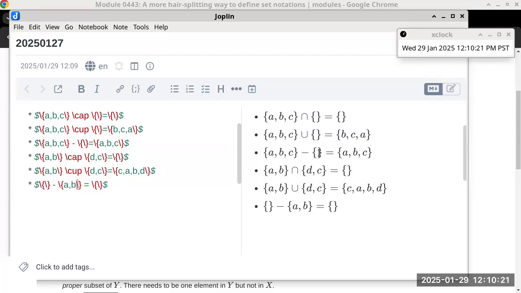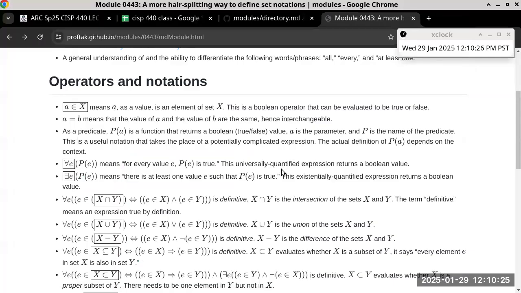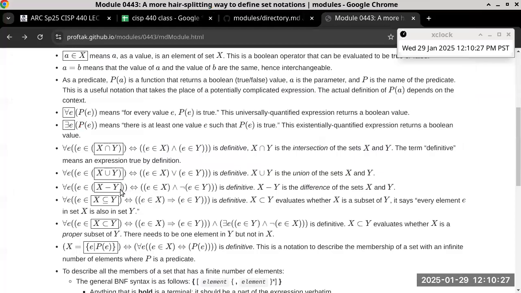that is correct. So the best reference of all of this is the notation that we were looking at. This is how subtraction or difference is defined. An element or a value is in the difference between x and y if and only if it is in x but not in y, which is actually what you said.